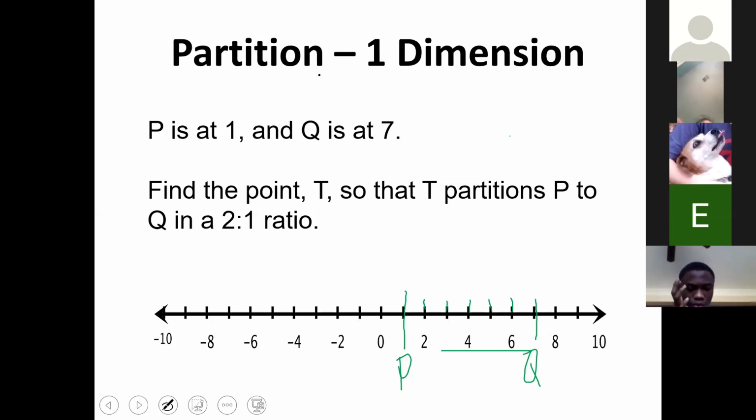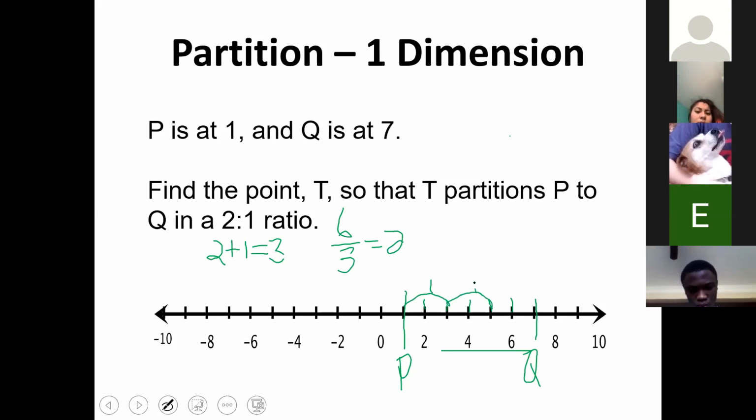Okay, so we just saw if we take that 2 and we add it to that 1, we will get 3. And there's 6 segments, so if we take 6 and we divide it by 3, we get 2. All right, so now we can divide each segment into 2 equal lengths. So here's 1, here's 2, and here's 3.